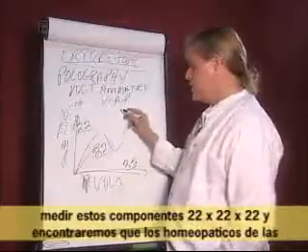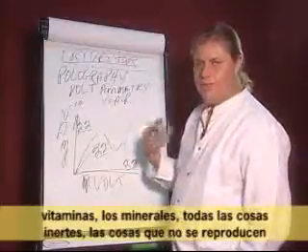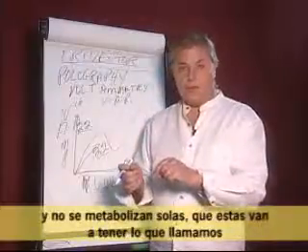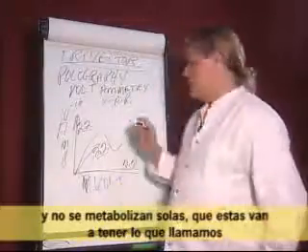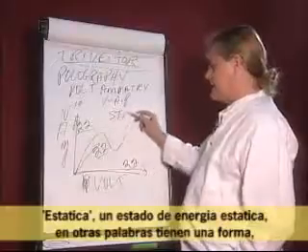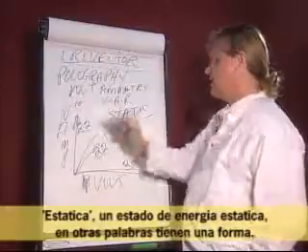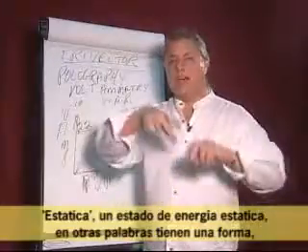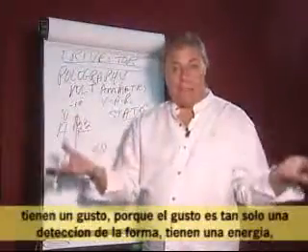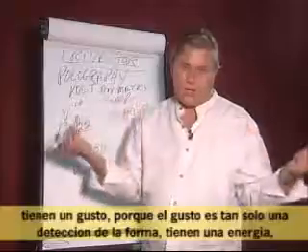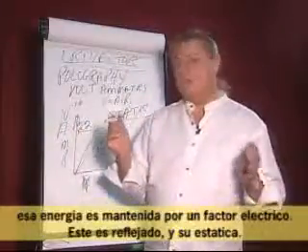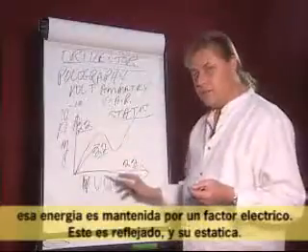Now we're going to find that the homeopathics, the vitamins, the minerals, all the dead things, the items that do not reproduce and do not metabolize on their own, have what we call a static energy state. In other words, they have a shape, they have a taste, because taste is just a detection of shape. They have an energy. That energy is held together by an electrical factor.